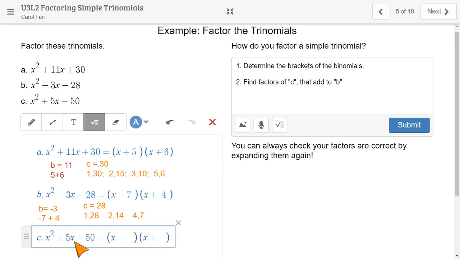Factors of 50 that add to 5: 5 times 10, that's 50. And if I substituted negative 5 in there, so negative 5 plus positive 10 gives us 5. Now, you can always check your answer again by expanding.